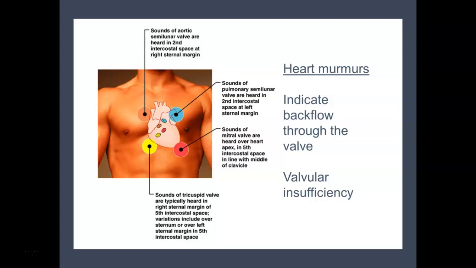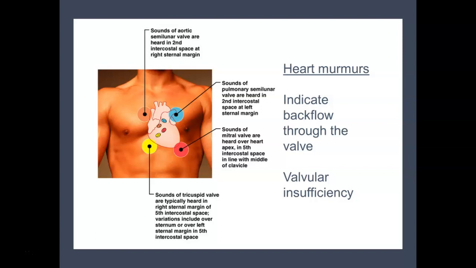So if we want to hear the sounds of the aortic valve, you move to the second intercostal space at the right sternal margin. By placing your stethoscope in that position, you best hear the aortic valve. The pulmonary valve sounds are best heard at the second intercostal space on the left sternal margin.